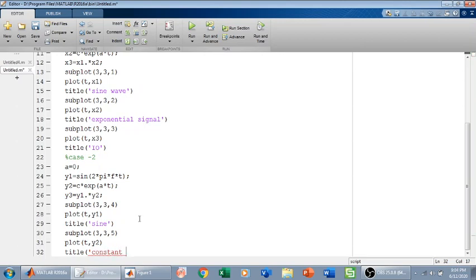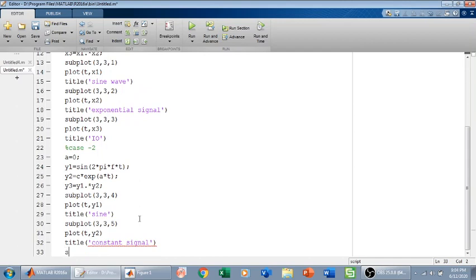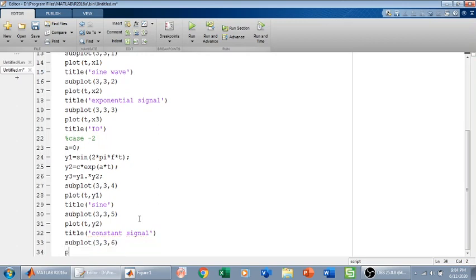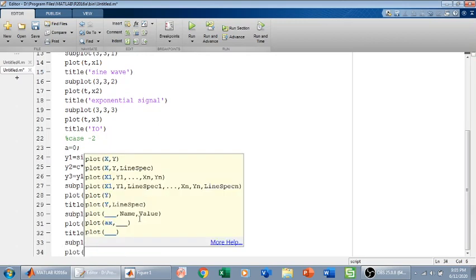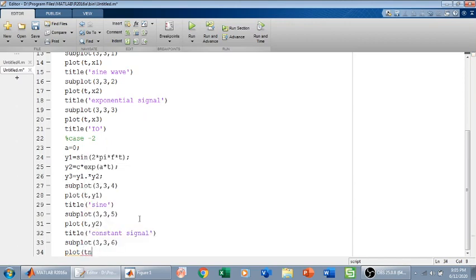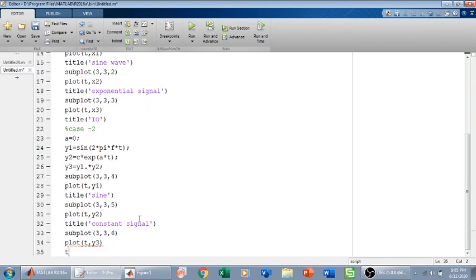And finally in the sixth position, using the subplot and plot commands, I will plot my y3 and give it the title sustained oscillation.